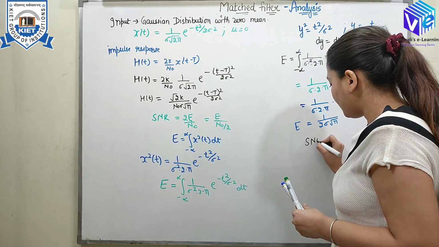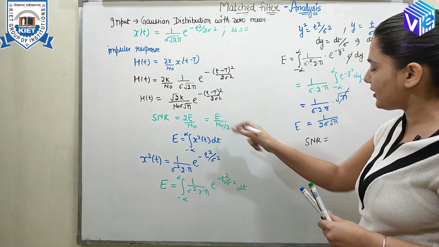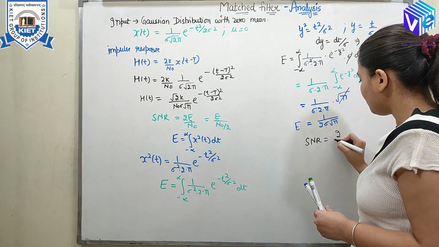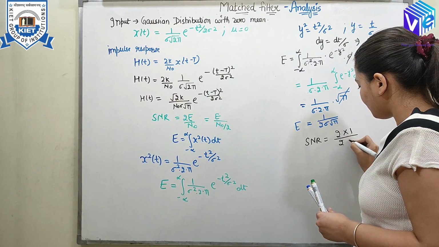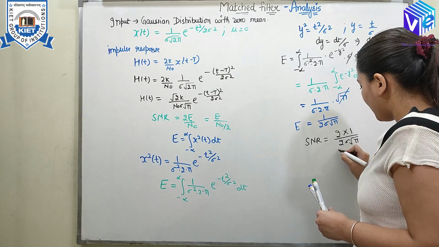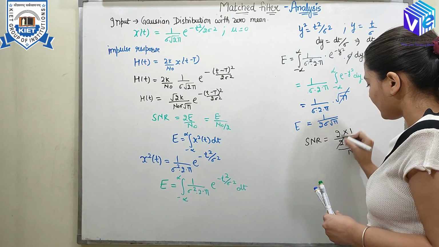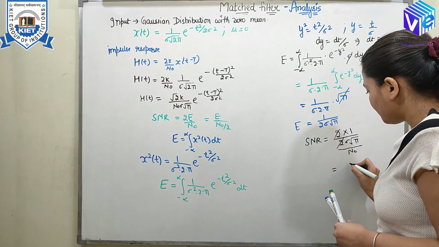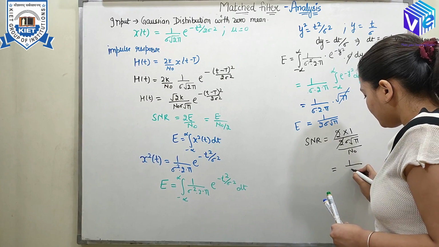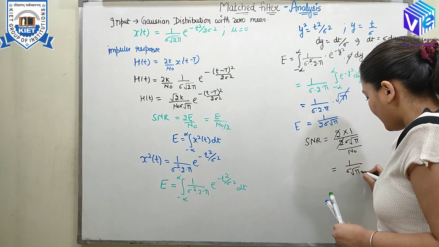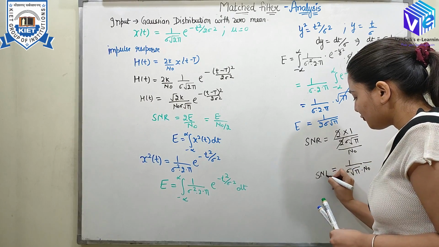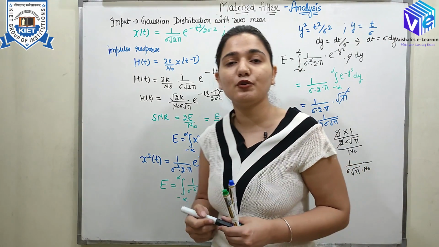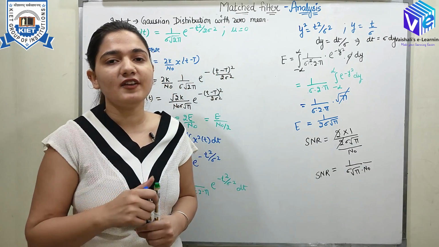SNR would be 2E upon N naught. So 2 into E, which would be 1 upon 2 sigma under root pi, upon N naught. I can cancel out 2, so it would be 1 upon sigma under root pi into N naught. So this is my signal to noise ratio for the given input, which is Gaussian distribution with zero mean.